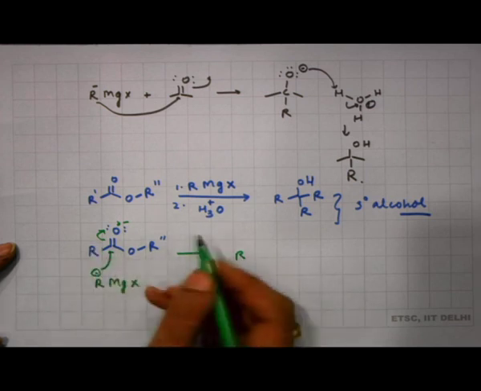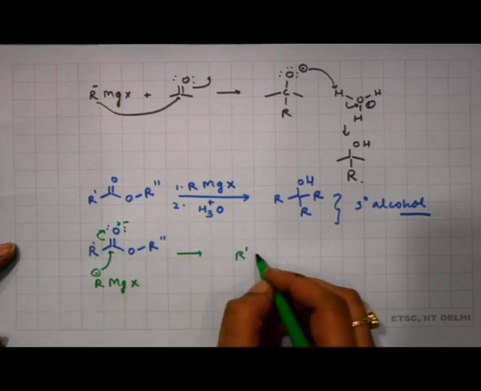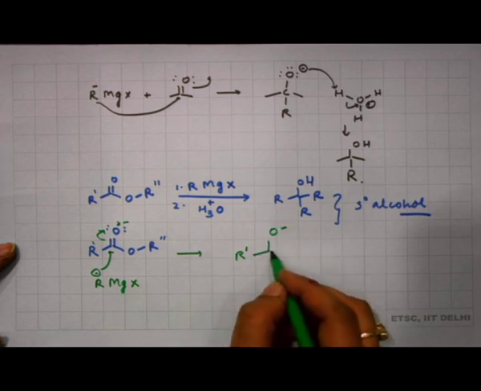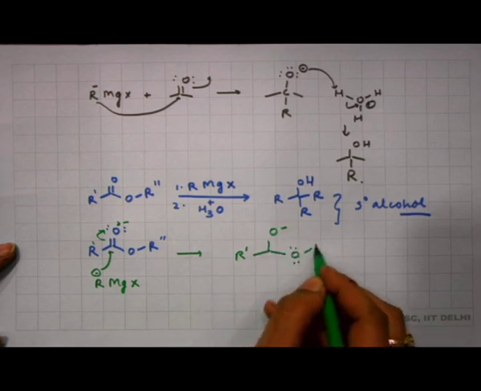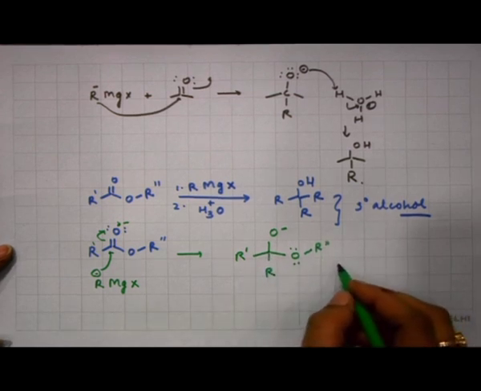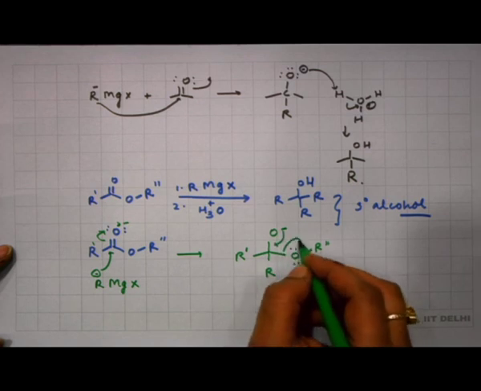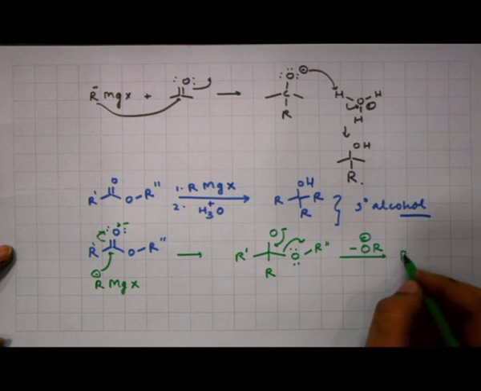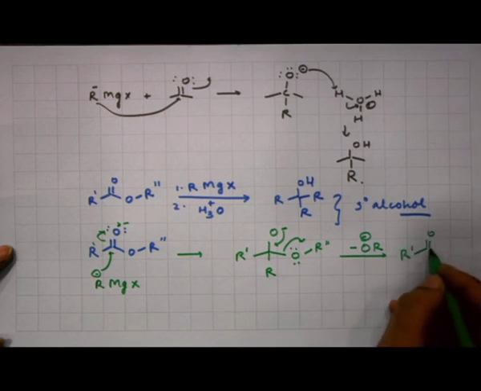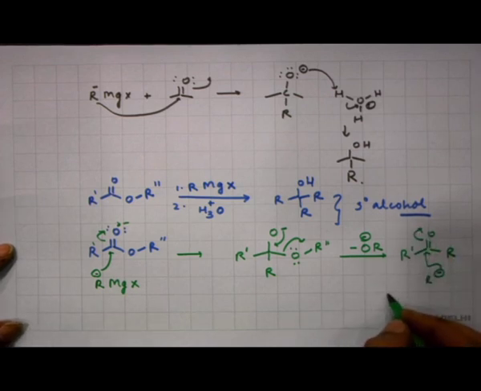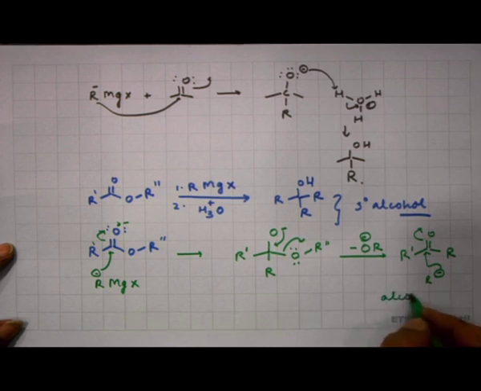So, if I put this as R dash, what you get here is an intermediate which undergoes loss of alkoxide to give you the corresponding ketone, and then there is addition of another molecule of Grignard's reagent onto the ketone, and this furnishes the corresponding alcohol.